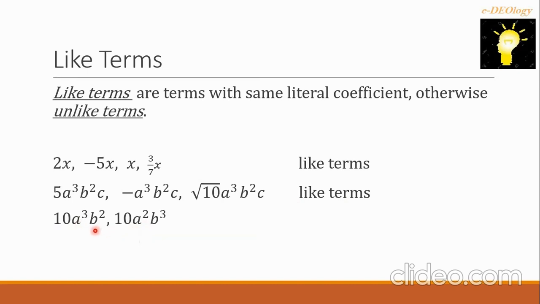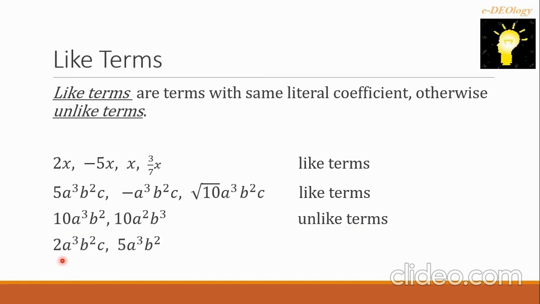While here, the b has an exponent of 2. In here, the exponent of b is 3. So they have different literal coefficients. When we say the same literal coefficient, even the powers must be the same. So in this example, for this group of terms, these are unlike terms.